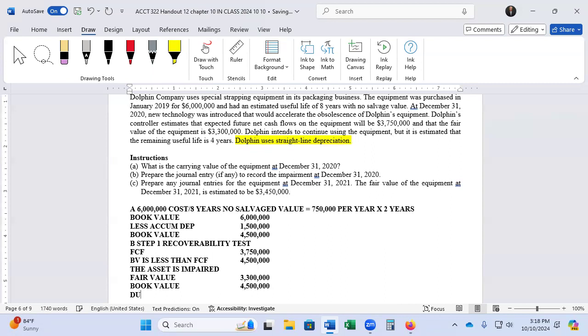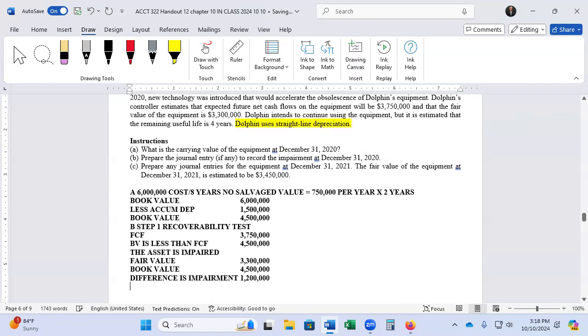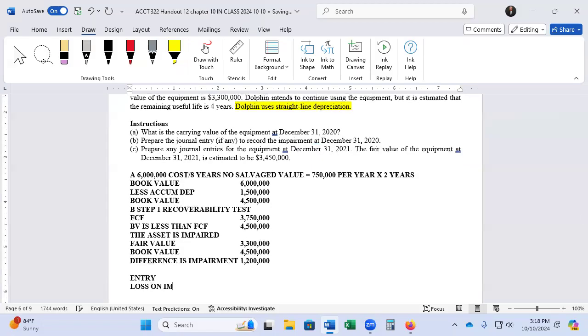And so the difference is impairment, and that's 1.2 million. So the entry, loss on impairment, for 1.2 million.